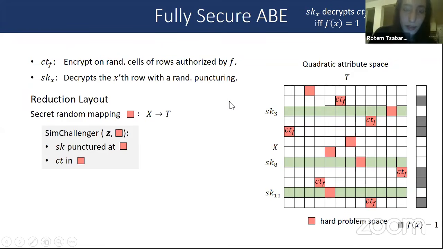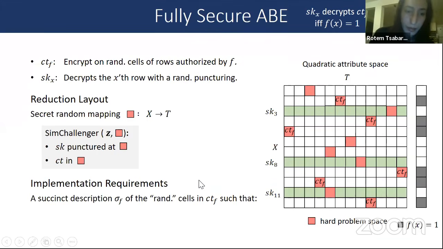So of course this is not efficient, and now let's see what requirements we have in order to actually apply this idea. The first thing is that in the ciphertext we cannot actually provide all of those ciphertexts for all of the authorized points, because there can be exponentially many.